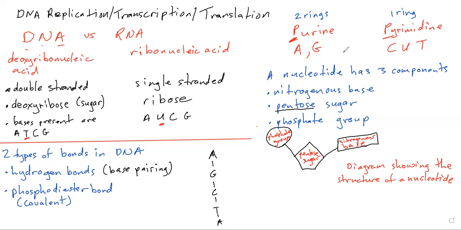On a particular strand of DNA, you have the covalent bond, the phosphodiester bond. But if you form a base pair, like A on one strand of DNA bonding with T on the second strand, this now is your hydrogen bond.